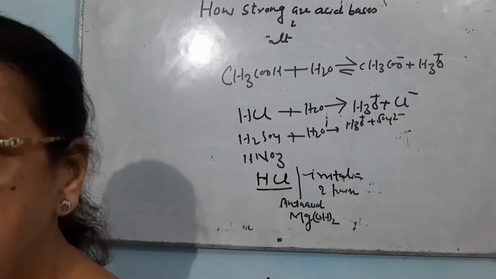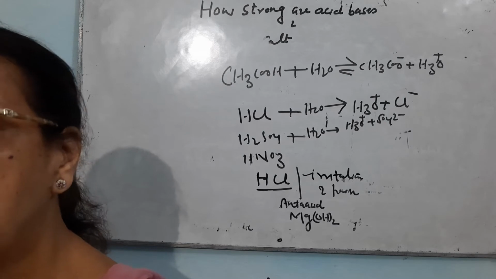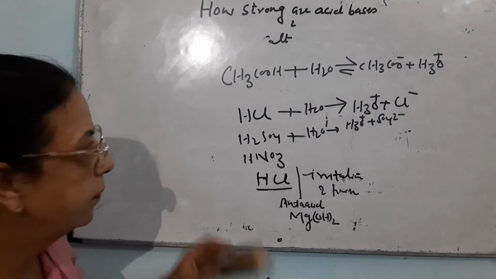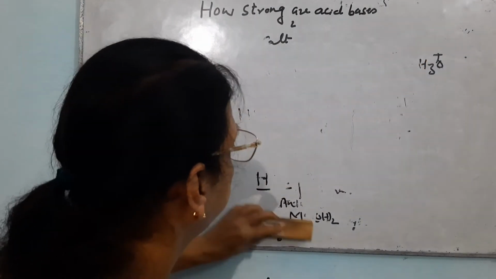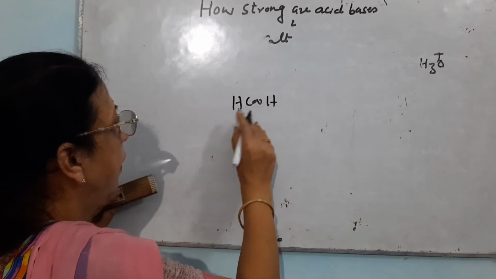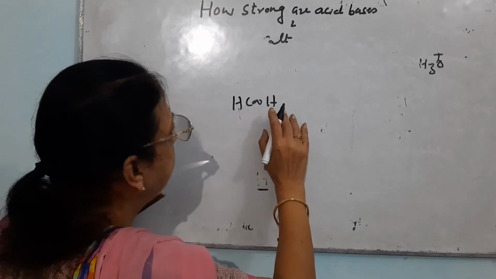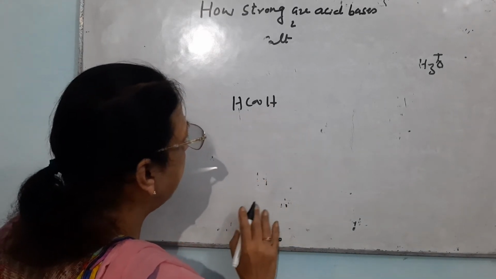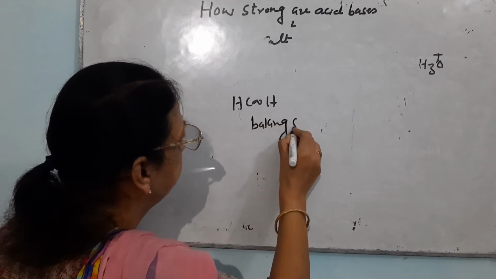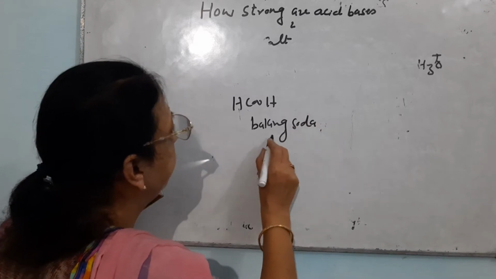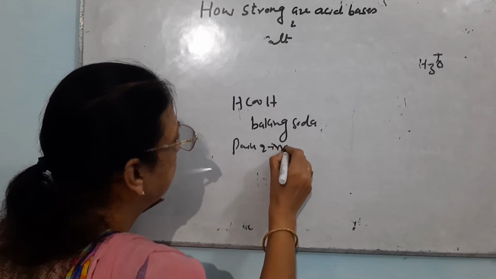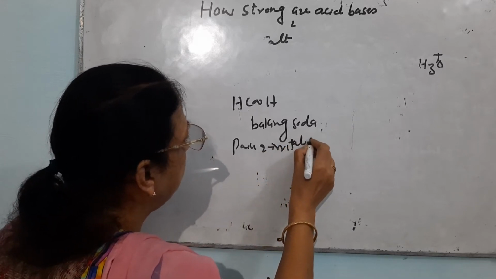A yellow ant or wasp's sting consists of methanoic acid. The methanoic acid is HCOOH. Where the ant sting is stuck, we rub baking soda there to relieve the pain and irritation due to methanoic acid.